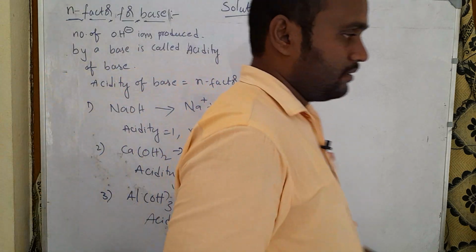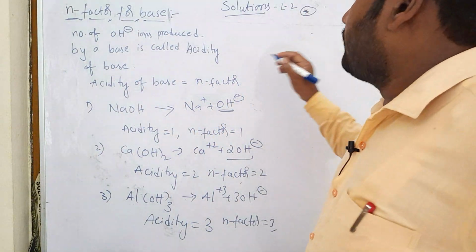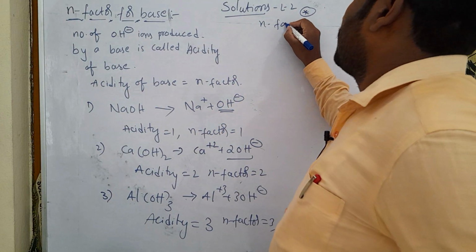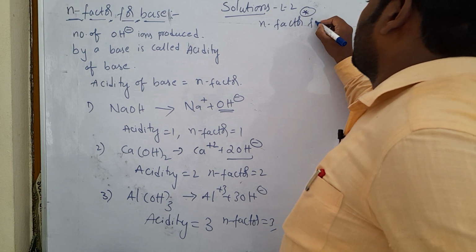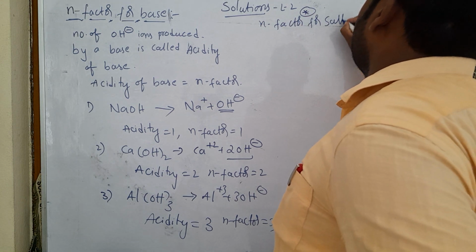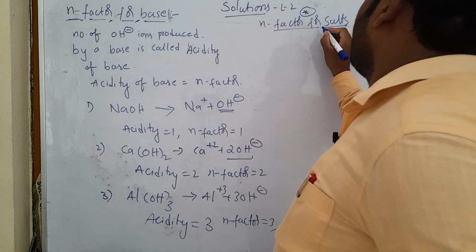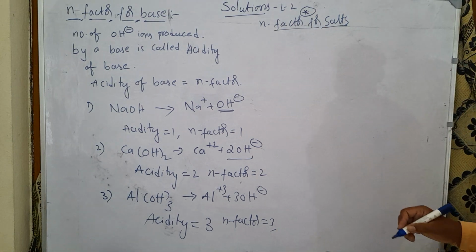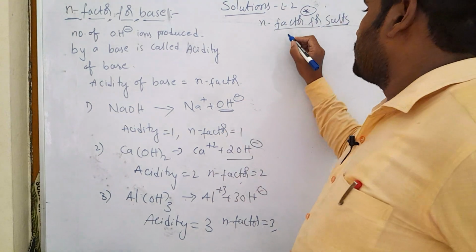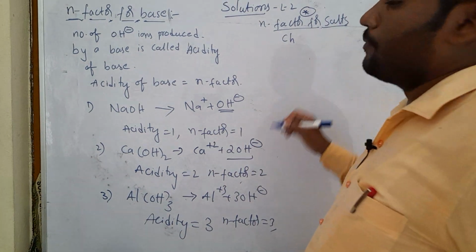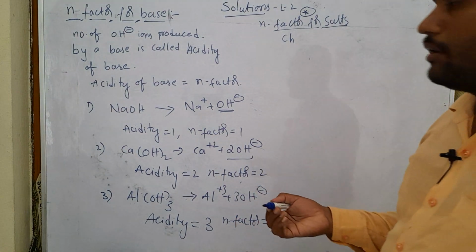Next, N factor for salts. We can find N factor for salts by using the charge magnitude. A salt is formed by an ionic bond between metals and non-metals.